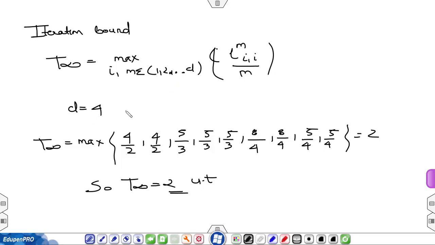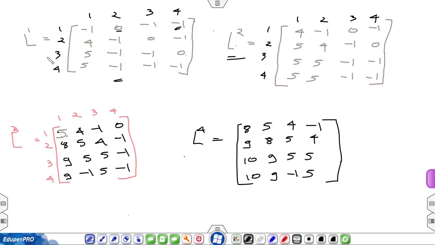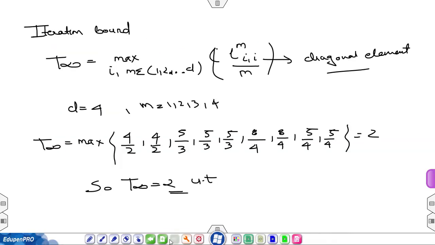L of i comma i of matrix m means a diagonal element. So you have to check the diagonal elements of all the matrices and divide the diagonal element by m.